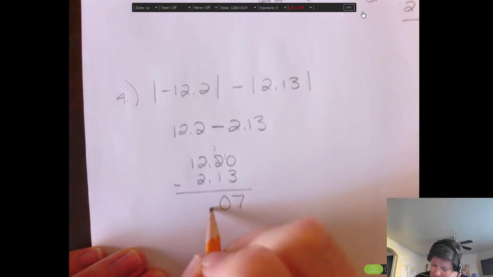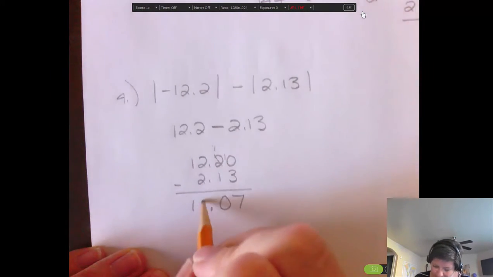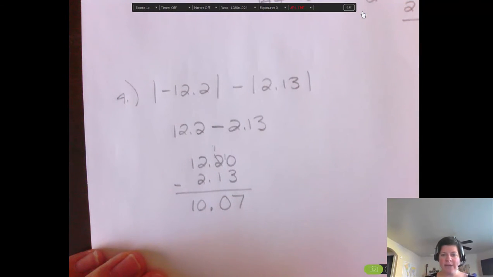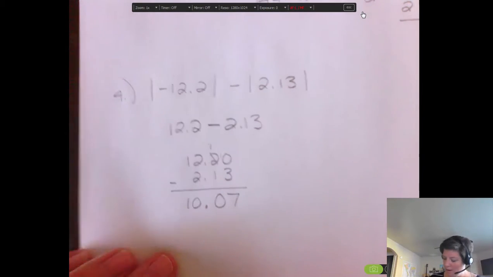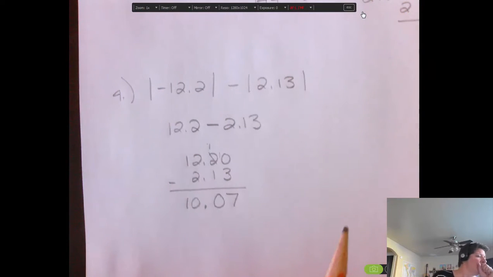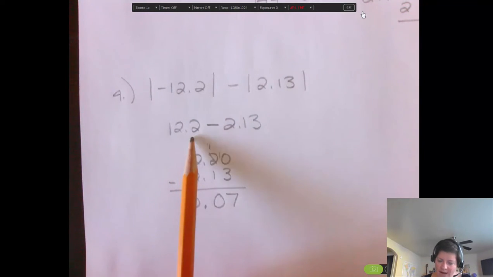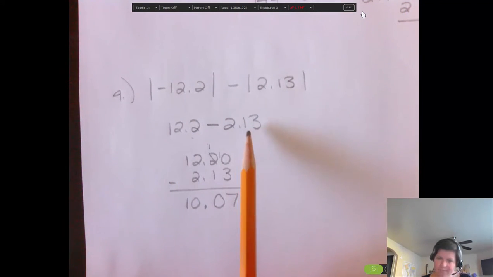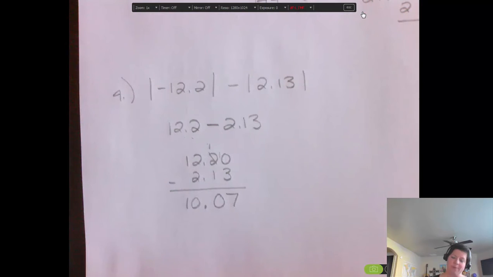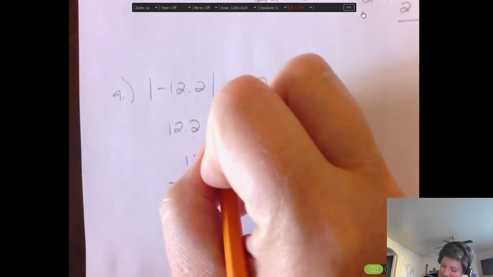Bring down the decimal. 12 minus 2 is 10. So I got 10.07. And it's positive because the larger number was positive and we're subtracting off a smaller number. We could have thought of this again like this too.